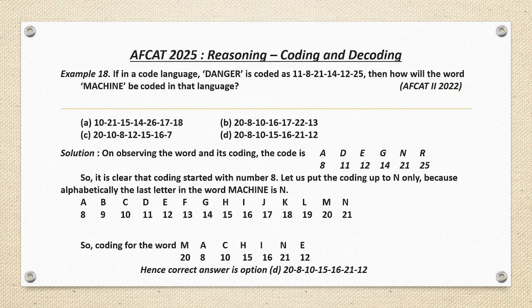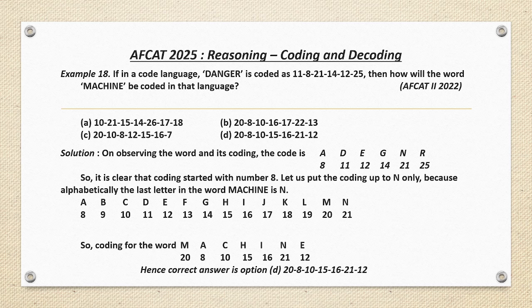Okay, next, let us take up a coding and decoding example. Right, this is from AFCAT 2022. In a coded language, danger is coded as 11, 8, 21, 14, 12, 25. Then how is the word machine coded in that language?